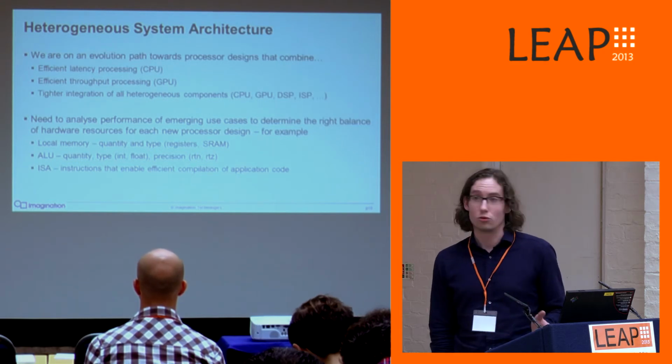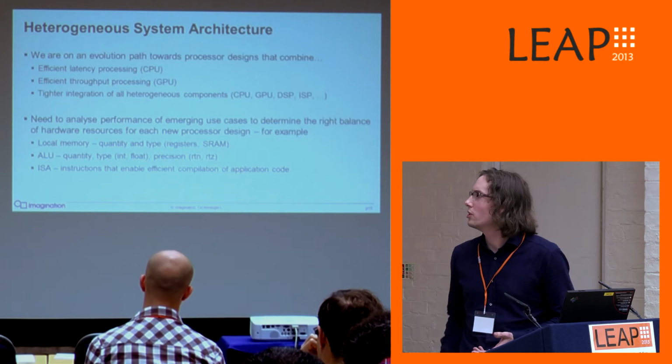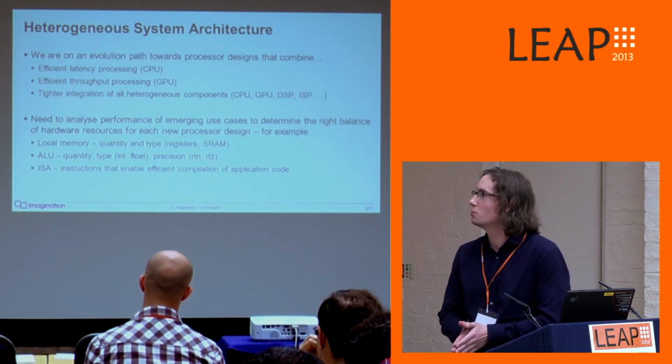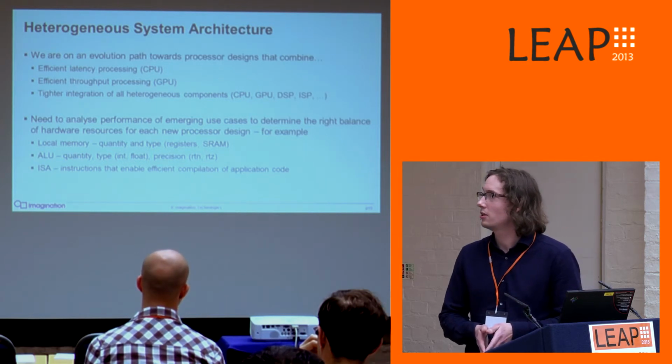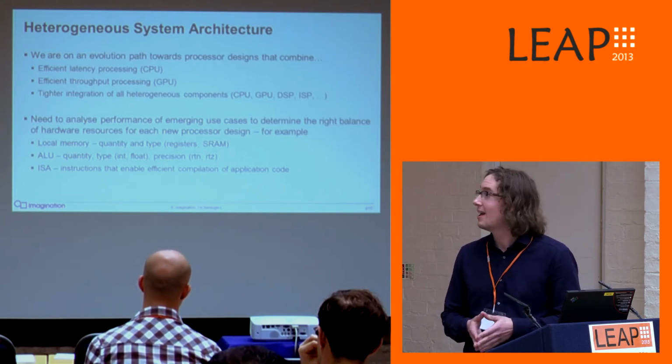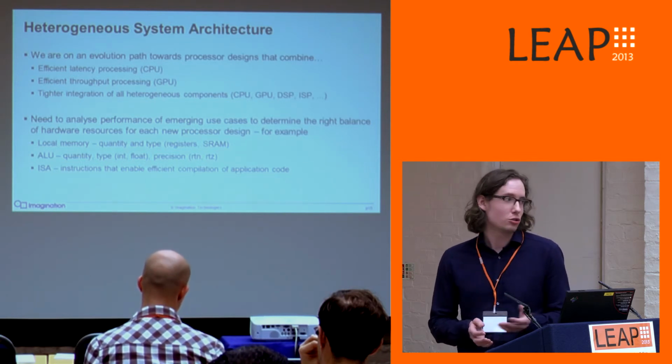So Simon's already talked a bit about HSA this morning, so probably all I really need to say is that we're on this evolutionary path towards processor designs that combine both the efficient latency processing and the efficient throughput processing, and much tighter integration of all these different components. And it's not just ALU design.